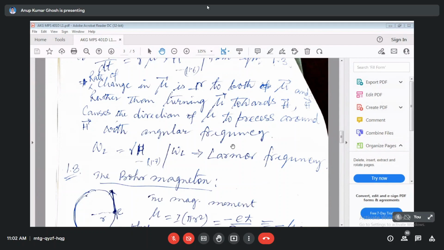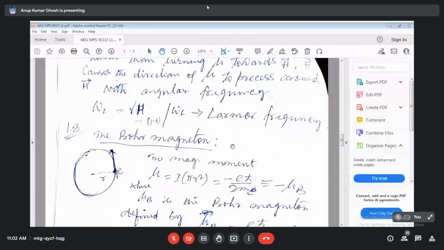Because this is rotating with respect to the z direction, the angular frequency of this precession is called the Larmor frequency, omega L equal to gamma into H. Gamma is the gyromagnetic ratio.